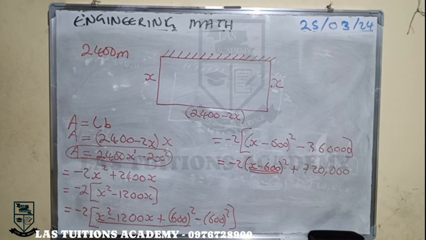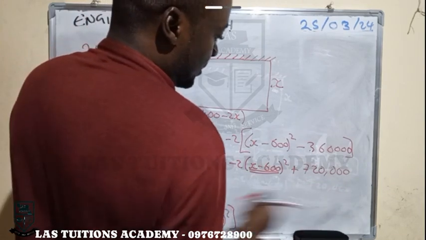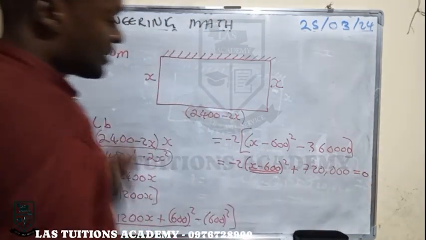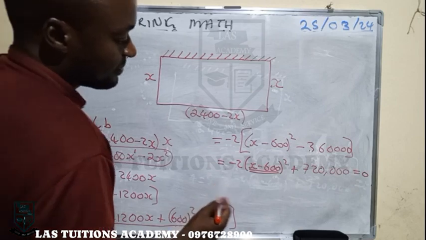If you're asked to solve, let's try to finish it up and equate this to 0. Let's introduce the 0 and see what we get. Let's take this one to the other side.